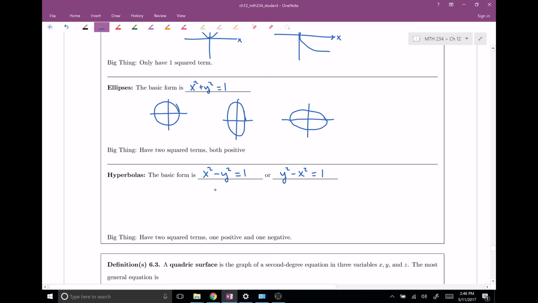This one right here looks something like this. Because the x one's positive, the hyperbola opens in the x direction. It looks like this, like this. It almost looks like two parabolas, but it opens in the x direction. In this one, because the y one's positive, it opens in the y direction. So something like this and this. So these are the hyperbolas.